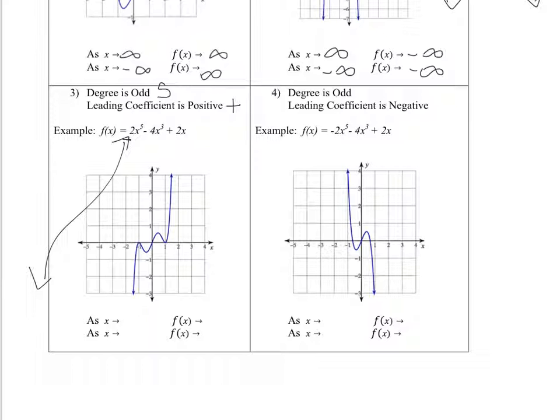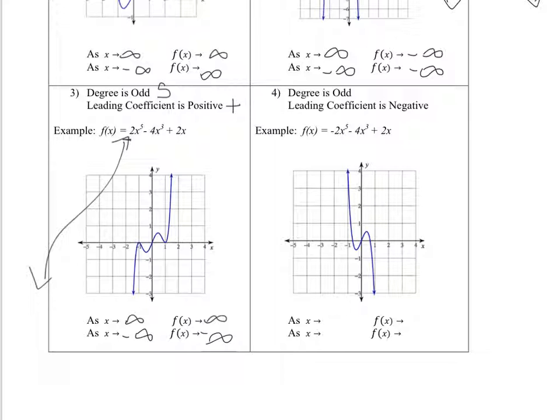So it goes from low to high. So as x goes to infinity, f of x, or the graph, is going up. And as x goes to negative infinity, remember this way, the graph goes down. So you kind of look at it a little different when you're talking about end behavior. We're not just looking at it in one direction.